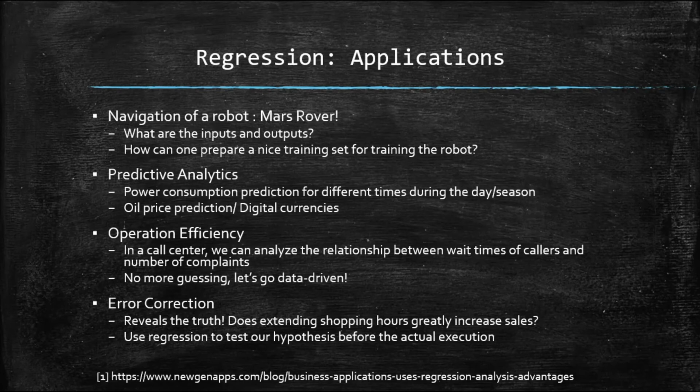Seeing loads and loads of that training data, the machine learning algorithm would finally learn how to drive this rover in an unknown environment that it has never seen before.